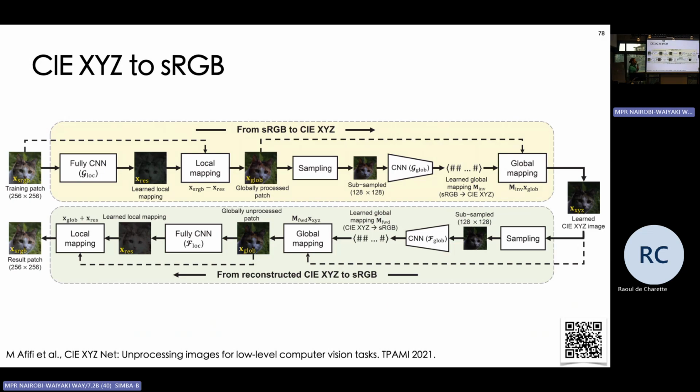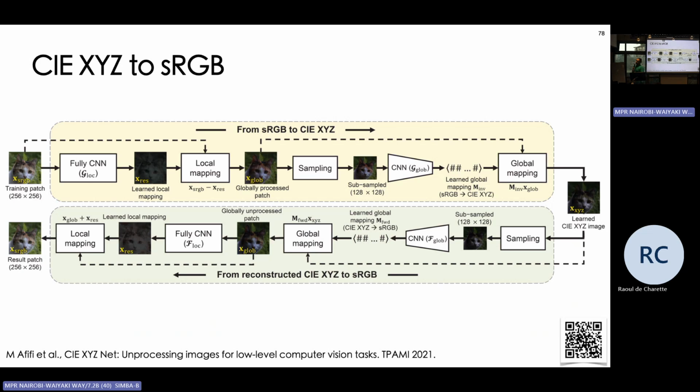So the idea is, let's start with different sRGB images taken by different cameras, and we generate a linear representation of those images, but in the standard CIE XYZ space, one of the standard spaces.